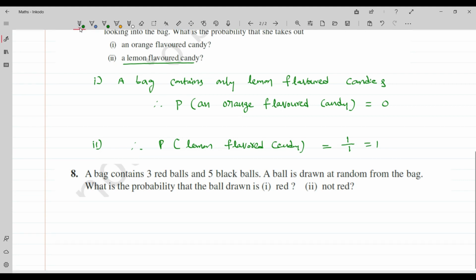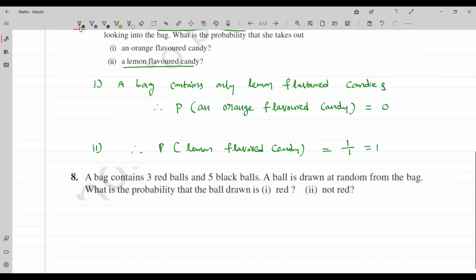Now let's see question number 8. A bag contains 3 red balls and 5 black balls. A ball is drawn at random from the bag. What is the probability that the ball drawn is red and not red? First let's write the given data.